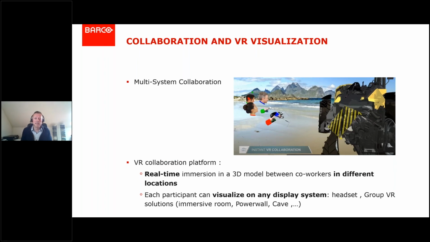So collaboration is also a focus for many industry software companies to make sure that these tools can be used collaboratively, either by using avatars in a virtual environment when people are using individual VR as a visualization tool, or other solutions where in group VR solutions you can collaboratively work together, but also combined solutions where in real time you can have somebody using a headset in Australia and working together with a group of people that are in a cave in Europe or in the US, interactively working together in the same project in real time, exchanging ideas with avatars and so on in the same environment.